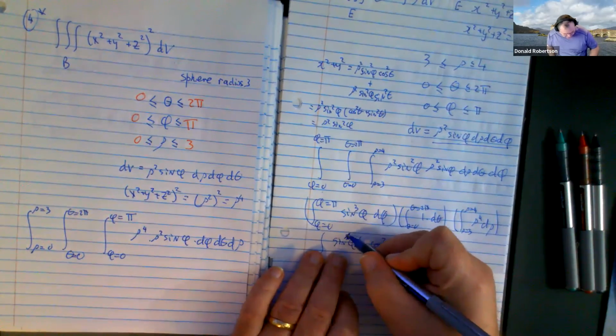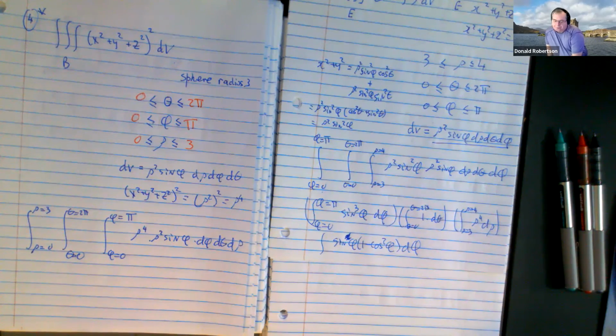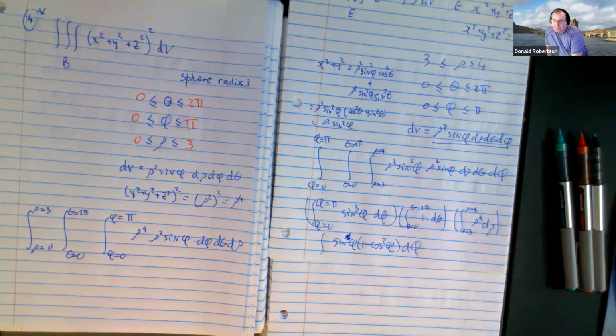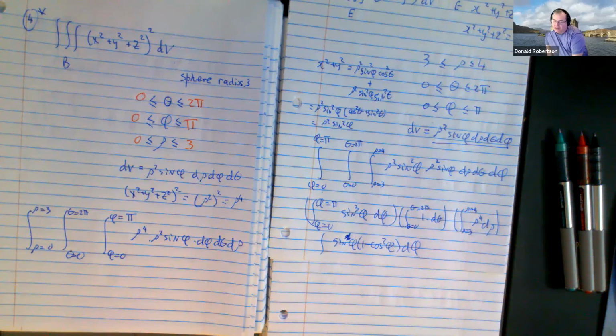So it's a single sine and a 1 minus cos squared. What are you going to do next? U sub. And be careful, who is the u sub? It would be cosine. Just cosine, right? And off you go and you get what you get. And we go.